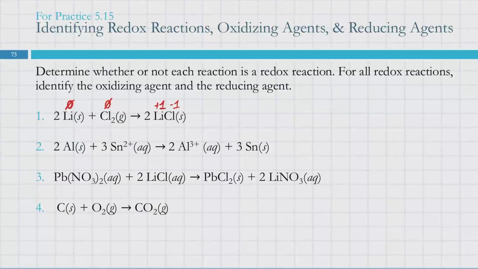Chlorine was reduced because the number went down. It went from 0 to -1. Cl was reduced. What caused Cl to get reduced? The lithium. The lithium caused it to be reduced. So lithium is the reducing agent.